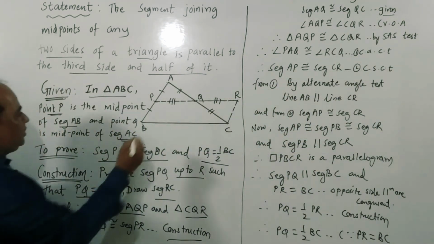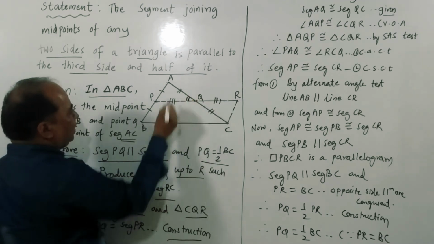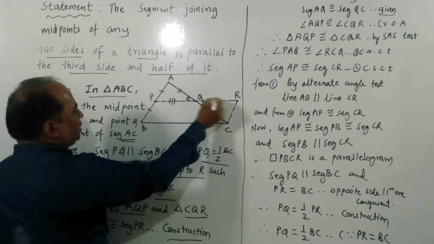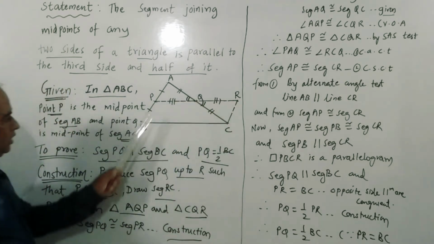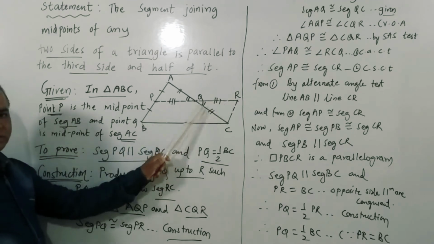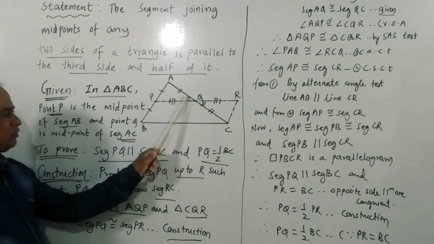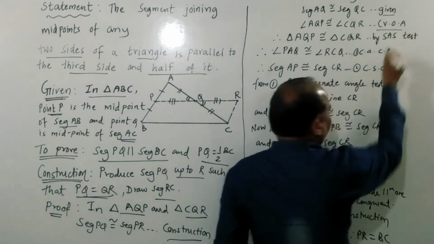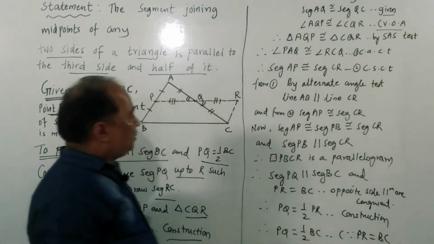Then angle AQP is congruent to angle CQR. These are vertically opposite angles, and vertically opposite angles are congruent.